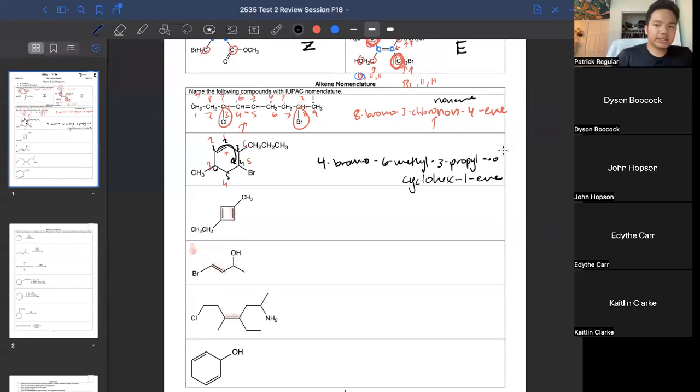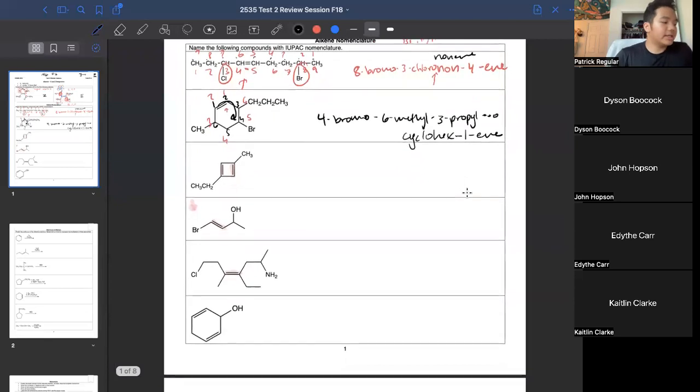Now let's look onto this cyclobutadiene. Well, I just told you the answer. This is a diene, cyclic compound, has an alkene. What's the priority group? There's no OH, there's no amine group. So your priority group is going to be that alkene group. So your bridgehead carbon, you might think you can start at any one of those cyclic carbons, but the thing is you have to start at either one of these carbons, these two right here.